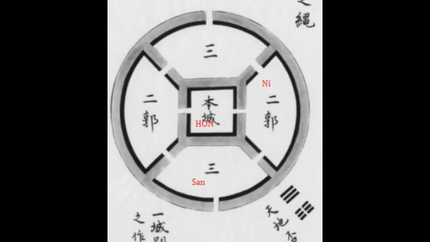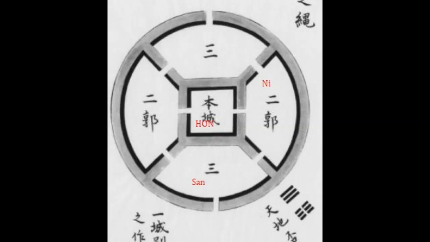Next up, we're getting into a more proper castle design, in the sense that you have a Honmaru, a Nimaru, and a Sanmaru. So Hon-ni-san, or the headquarters, and then the first and second enclosures. Hon is marked with the kanji for Hon, or origin, base, foundation. And then Ni is 2, San 3.